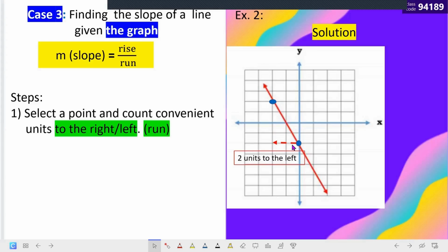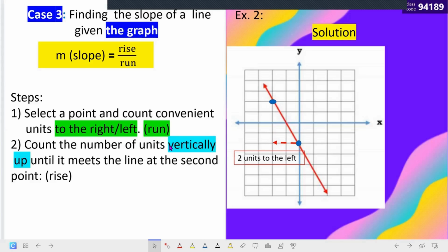That means that we will give a sign of negative to this run. This is our run, horizontal change. And what about our vertical change? We will count the number of units vertically up this time, because our second point is there. So how many units? That's 4 units up. It's going up.